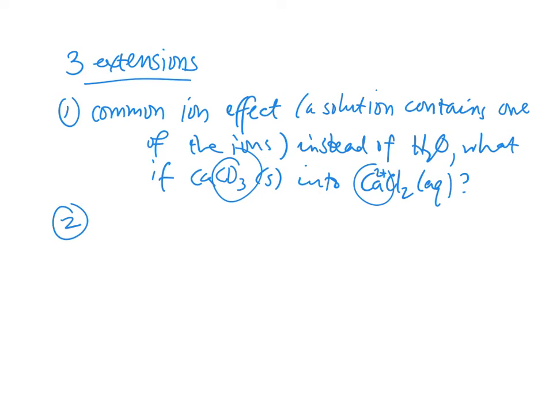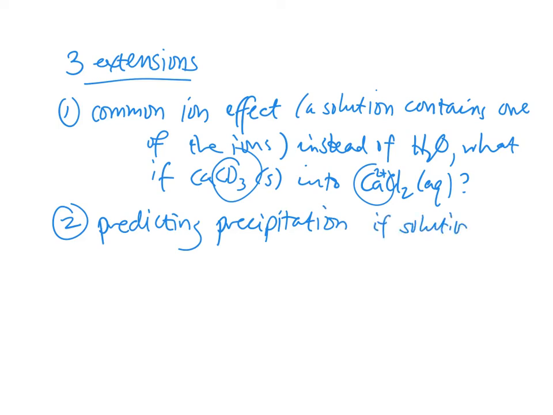The second thing we'll talk a little bit about is this idea that you can use these values to predict whether something is going to form or precipitate or not. So if solutions with, let's say, calcium 2+ and carbonate are mixed together, will we get a precipitate?